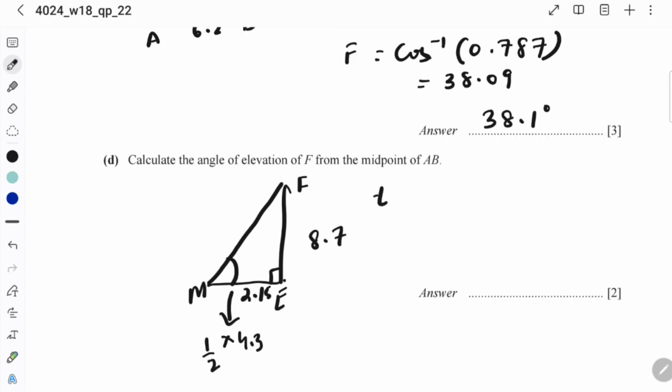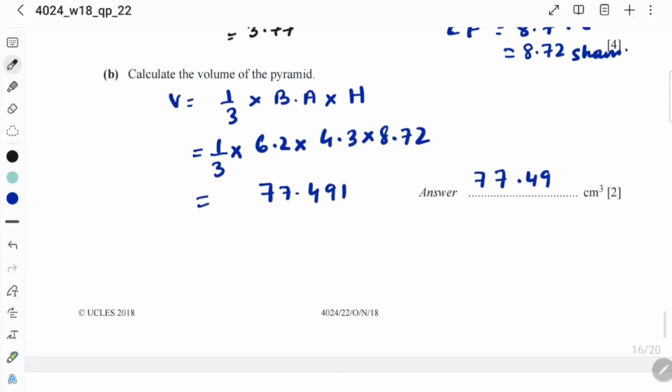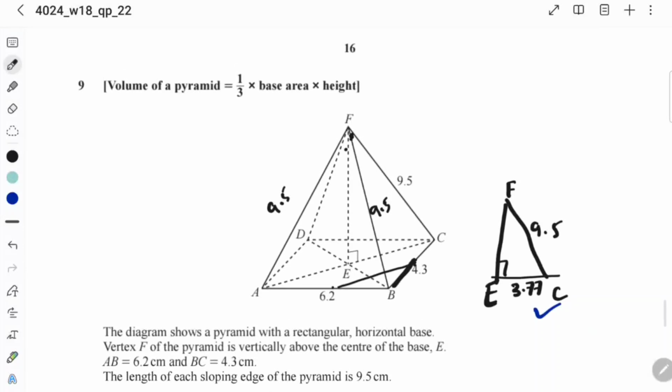So obviously we'll apply tan of theta equals 8.72 divided by 2.15. Theta is equal to tan inverse of 8.72 divided by 2.15. Calculate this, which is equal to 76.1 degrees. Alright, so I'm just explaining here.